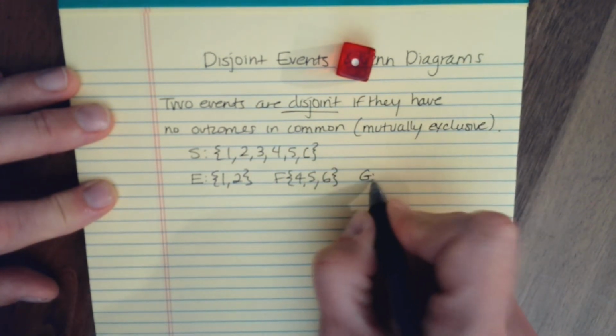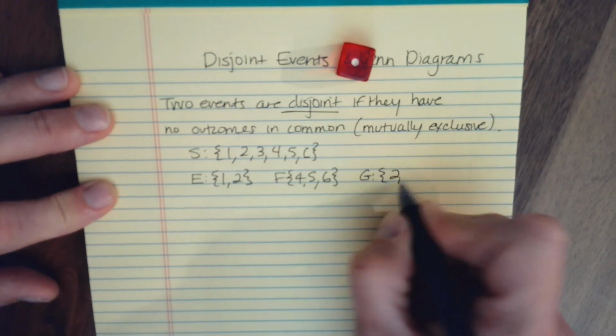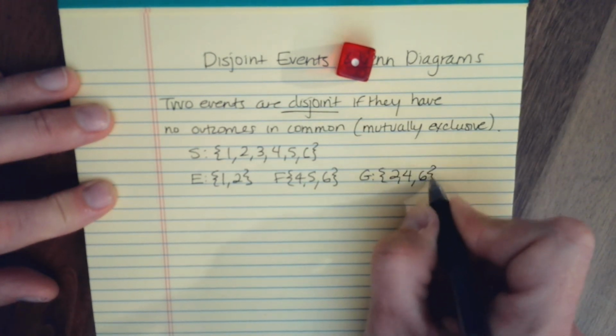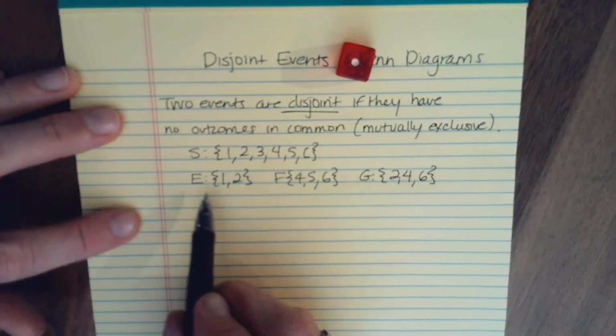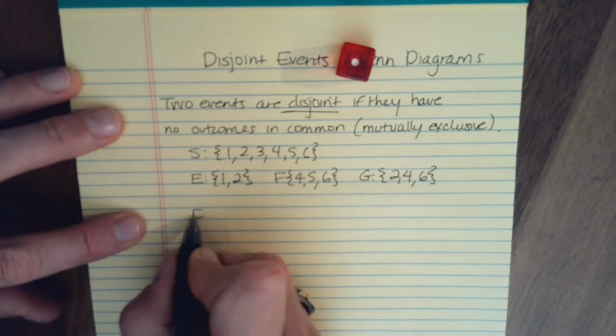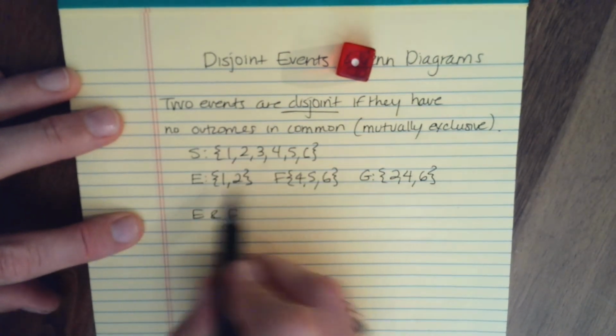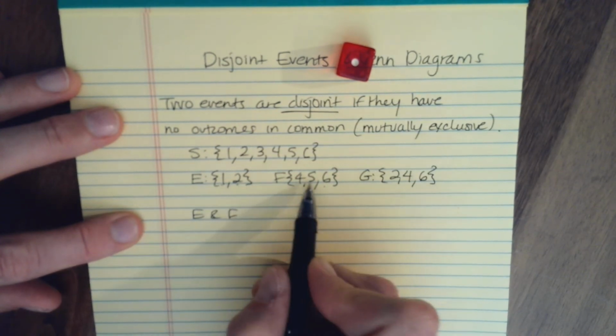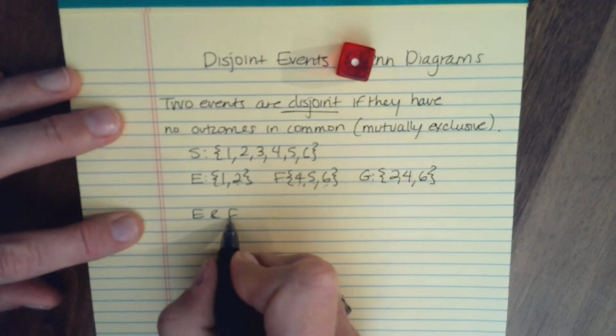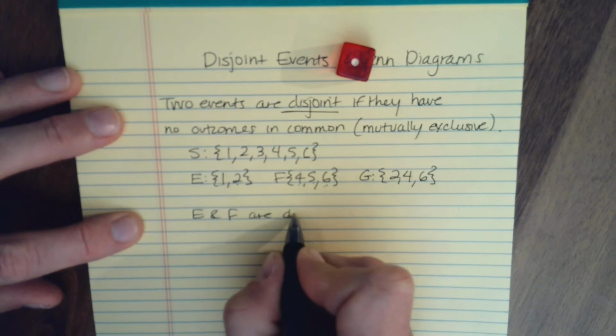And I'm going to define an event G as 2, 4, and 6. I notice that events E and F have no elements in common. This has a 1 and a 2. Here's 4, 5, and 6. So E and F are disjoint.